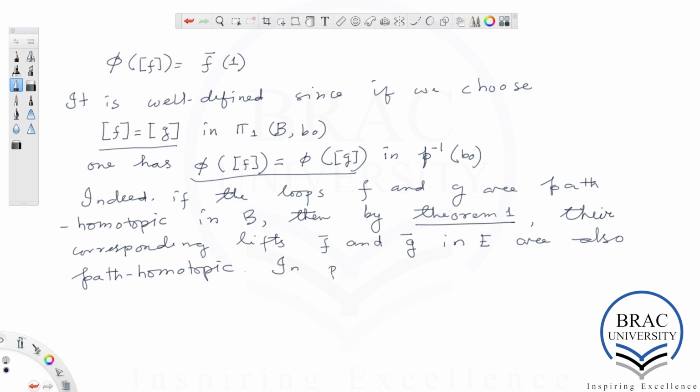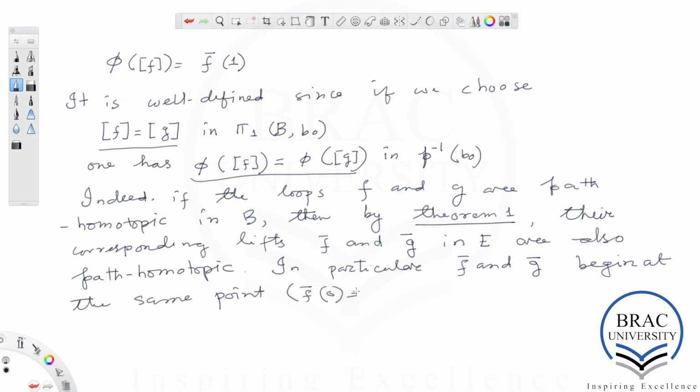In particular, F bar and G bar begin at the same point, which is F bar of 0 is equal to G bar of 0, okay?